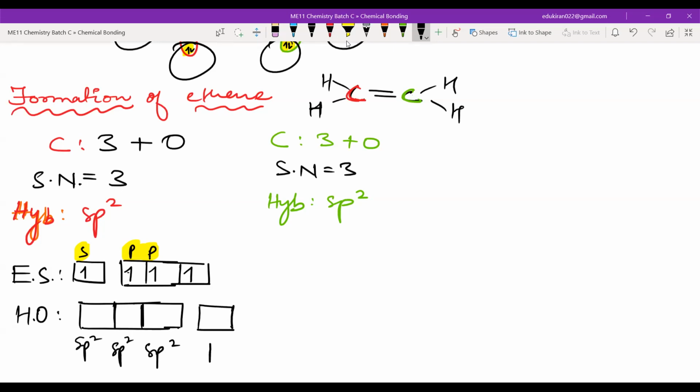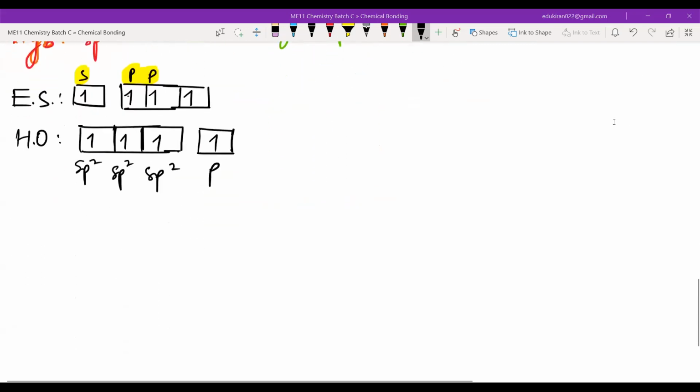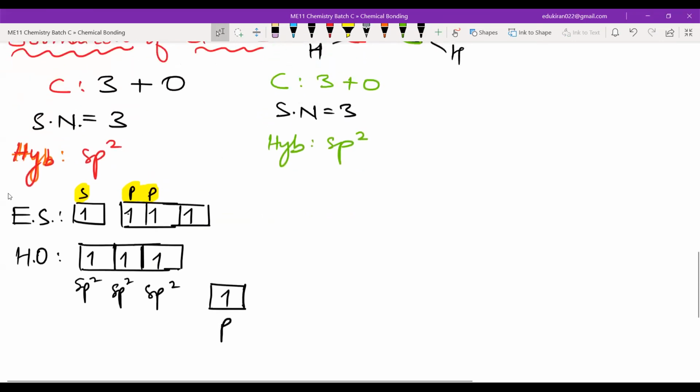And all of them are having one electron each. I will just keep this a bit lower here. Same thing will happen for the green one also. I should have made it all red. Let me just make it all red.